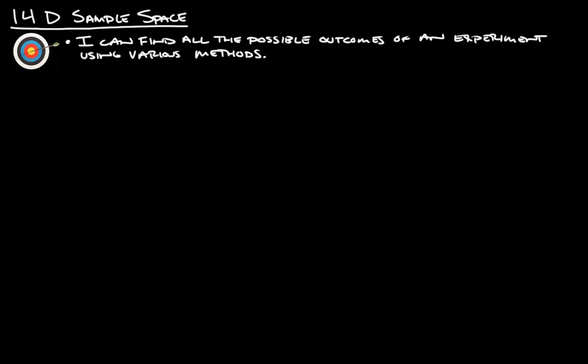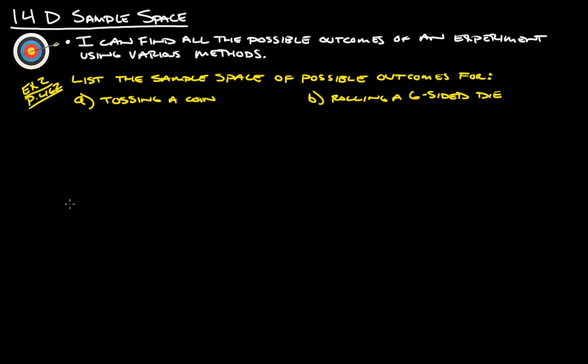Okay, so for example, example 2 from page 462 has us list the sample space of possible outcomes for tossing a coin and rolling a six-sided die. So really all you've got to do is just list all the possible outcomes, just like it says, and we list it in the brackets, which means the set of, in this case, the sample space.